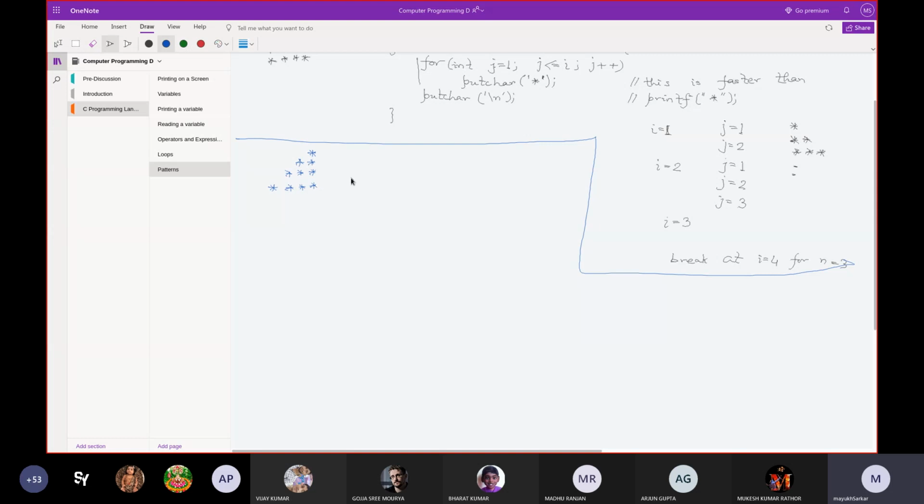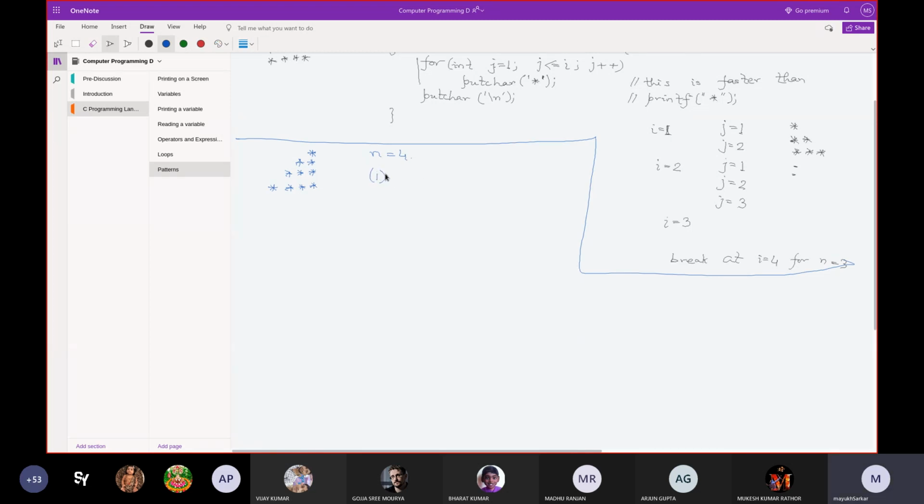Now you have to think about the logic here. What is that logic? There are a certain amount of spaces before every star. How many spaces? First observe. Suppose n is 4. Find the pattern first.